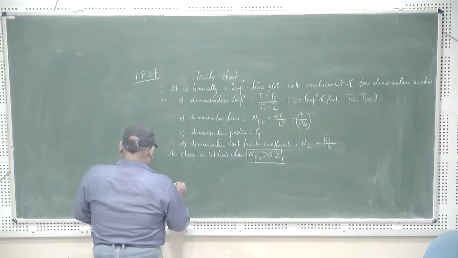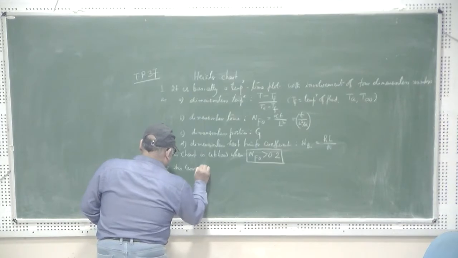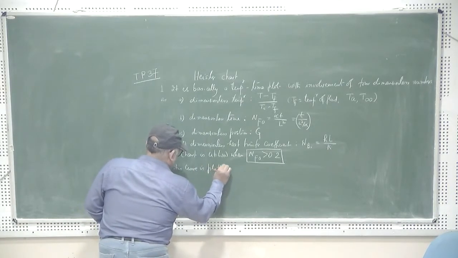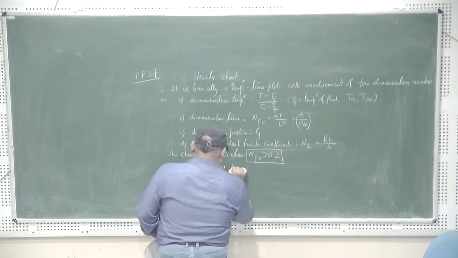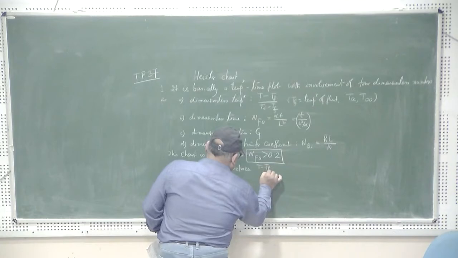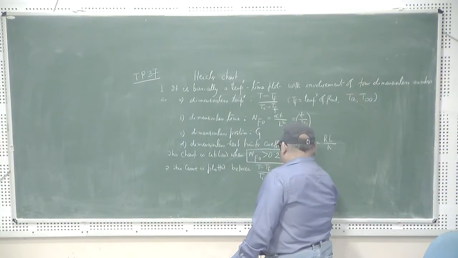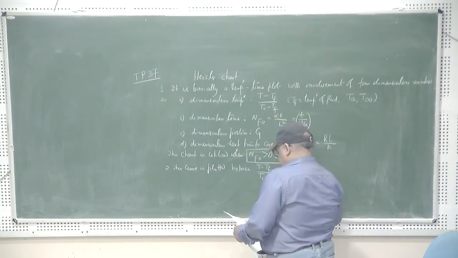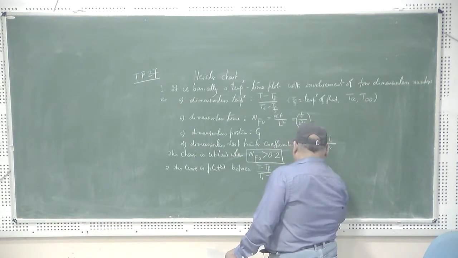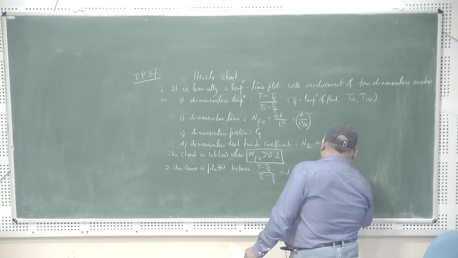Another point is this curve is plotted between T minus Tf divided by Ti minus Tf and Fourier number for different 1 by Biot number values and G values.